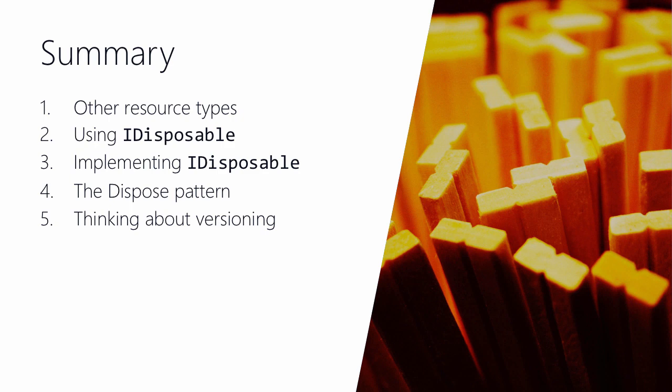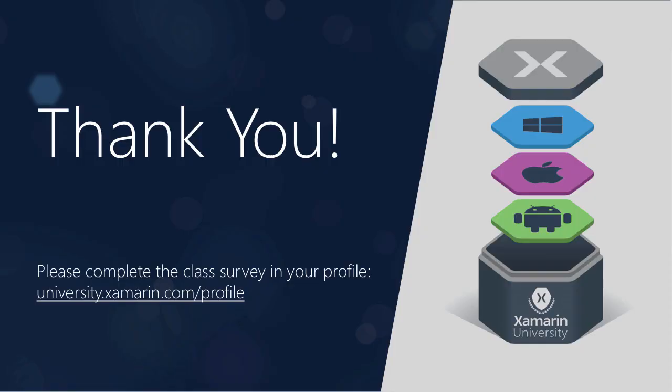And we use the Dispose pattern in order to version our application properly, or at least our types that implement IDisposable, so that we can derive from them and hook into the Dispose pattern itself. So hopefully this has been helpful to you in understanding a little bit more about how the garbage collector works with our non-memory resources in order to clean things up.